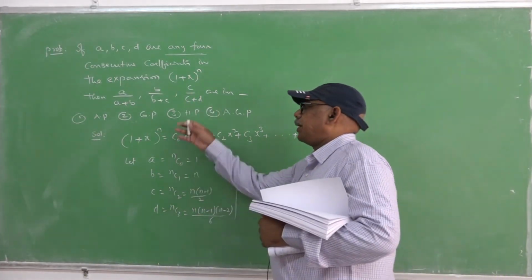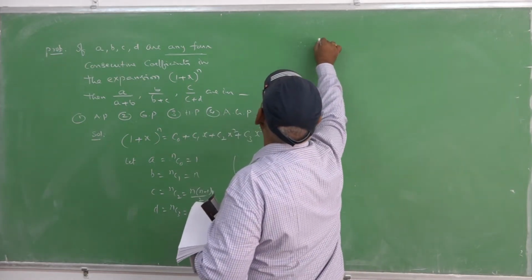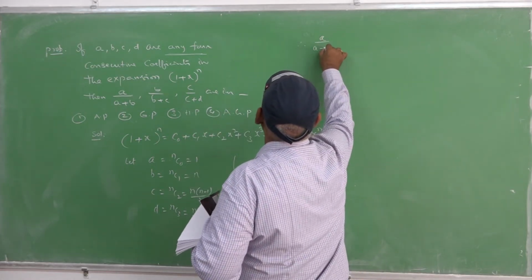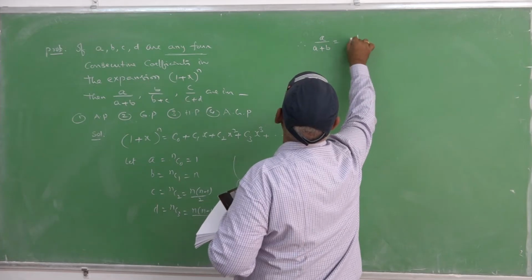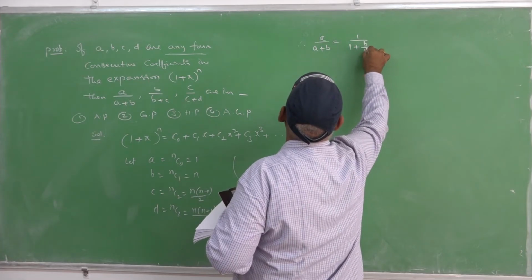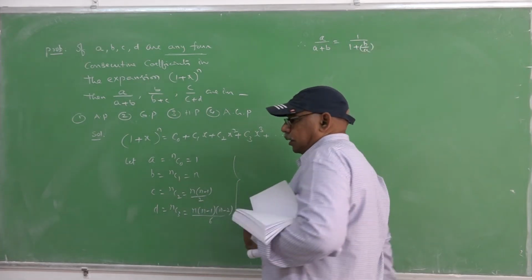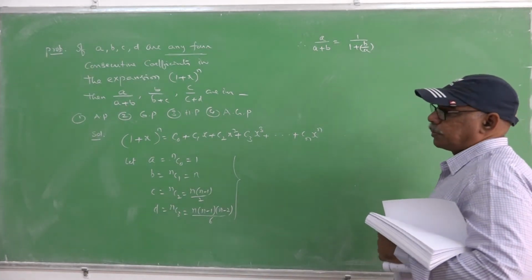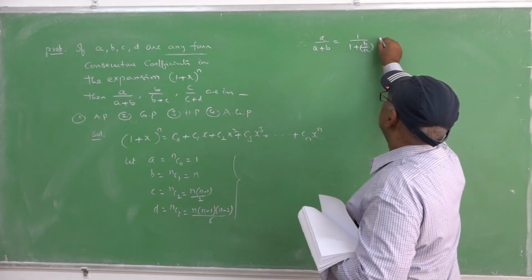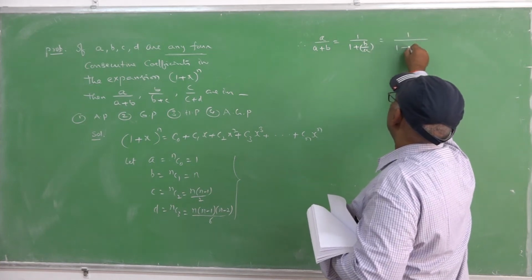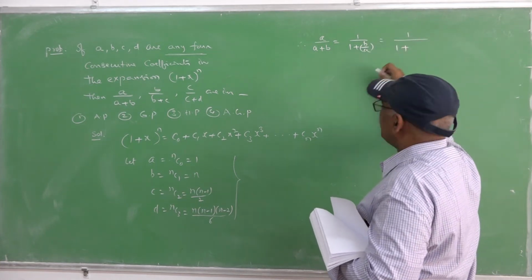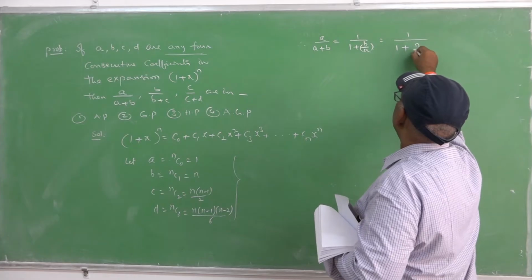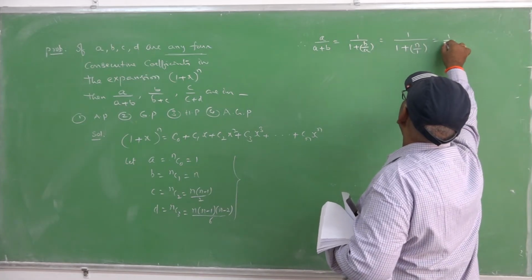So let us find, therefore, now I will find a by a plus b, that is 1 by 1 plus b by a, by dividing the numerator and denominator with a, we get 1 by 1 plus b by a. 1 by 1 plus b by a is n, so 1 by 1 plus n.